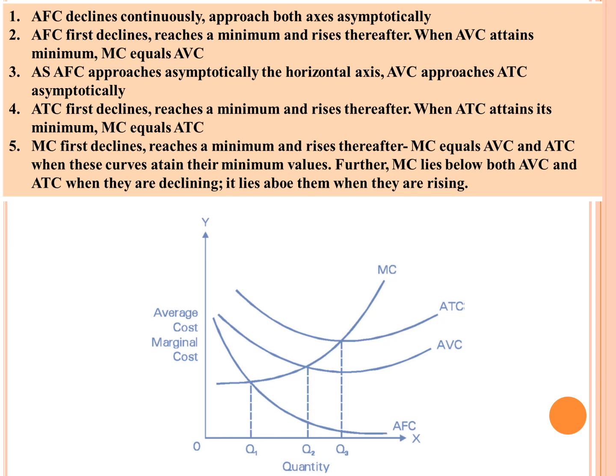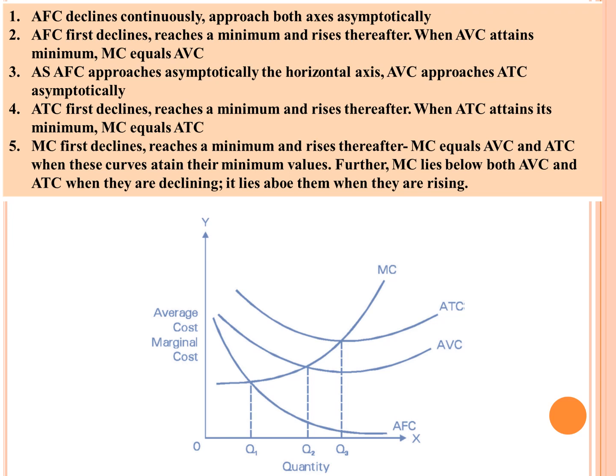If it happens, then you know that the shape of the average fixed cost looks like a rectangular hyperbola. Many times in different types of examination, the shape of the average fixed cost is asked.